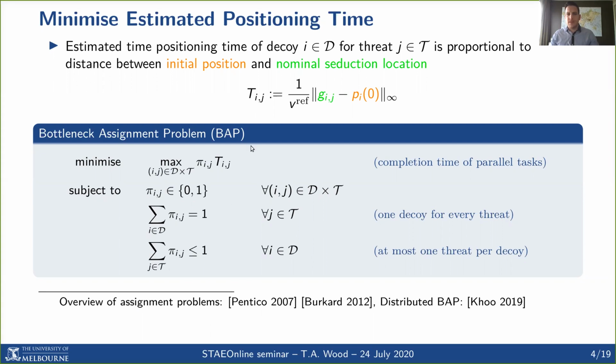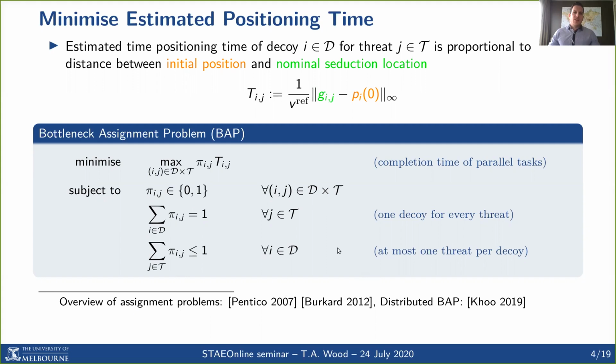It can be interpreted as an integer optimization problem or a graph theoretical problem where we're looking for maximum cardinality matching. Now there's a lot of literature on this, and actually Mitchell a couple of weeks ago talked about how to solve this problem in a distributed way.